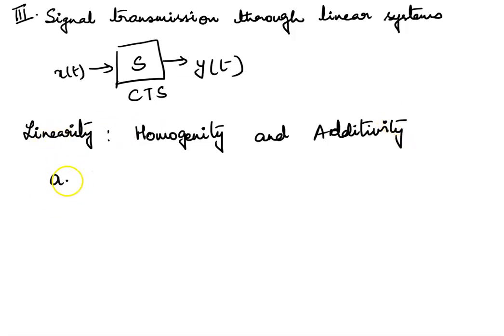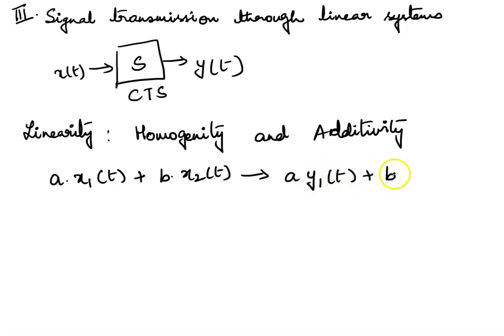According to linearity, a times x1 of t plus b times x2 of t, where x1 of t and x2 of t are inputs to the same system S and a and b are constants, will give an output a times y1 of t plus b times y2 of t.